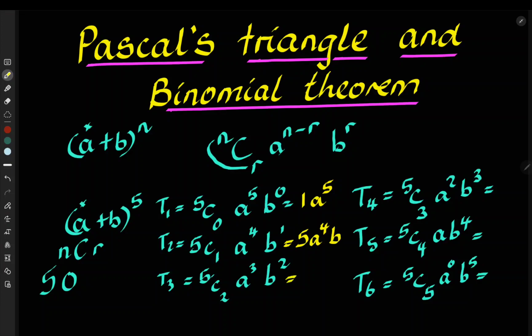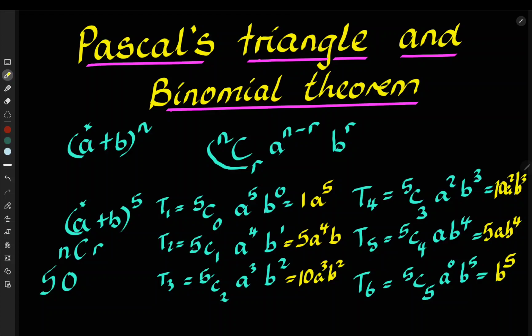Then 5 choose 2, you realize that it's 10. So that will be 10 a cubed b squared. Then 5 choose 3 will also give you 10, so that will be 10 a squared b cubed. Then 5 choose 4 will give you 5, so that will be 5 a b to the power 4. Then 5 choose 5 will give you 1, then a to the power 0 is 1, and here it's b to the power 5.